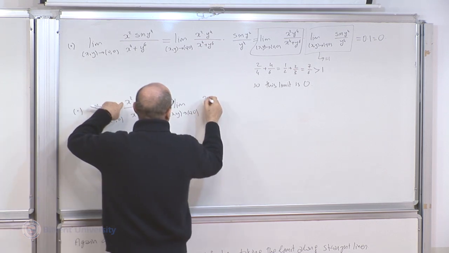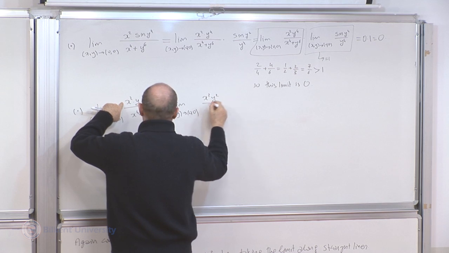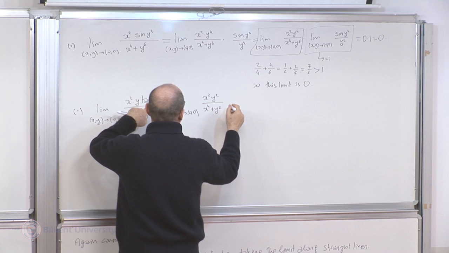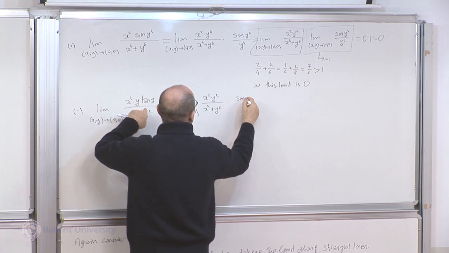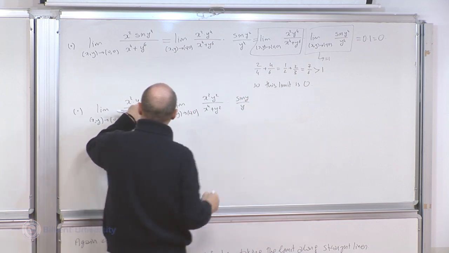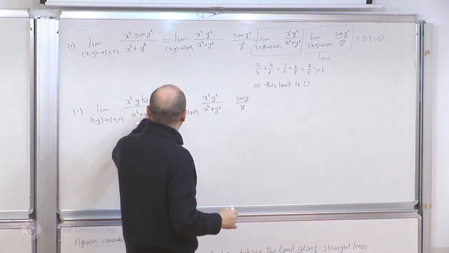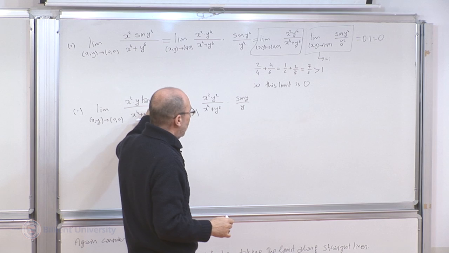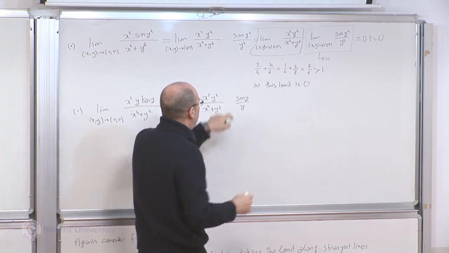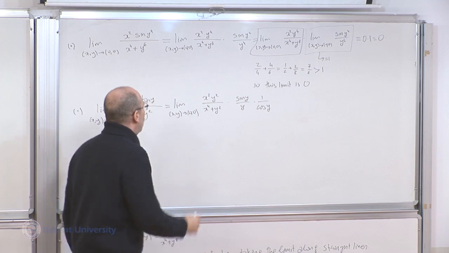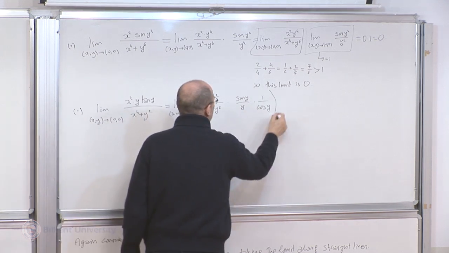I'll write this as x squared y squared over x to the 4 plus y squared times sine y over y. You see I multiply by y, dividing by y, and I'm taking tangent as sine over cosine. I take the sine here, and I have 1 over cosine y. So I'm taking the limit of this.